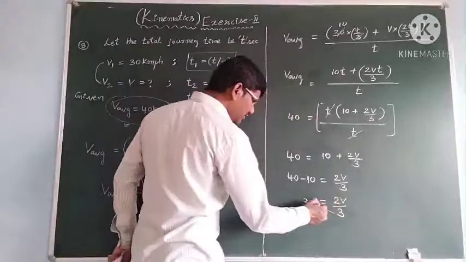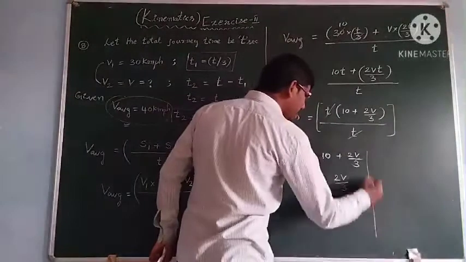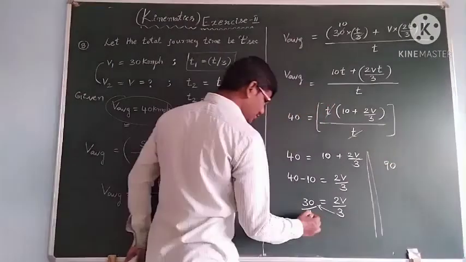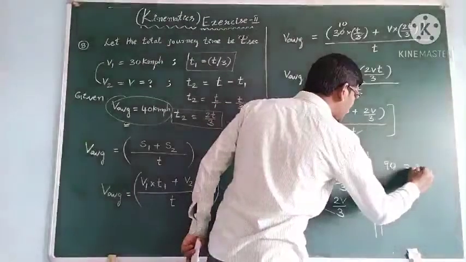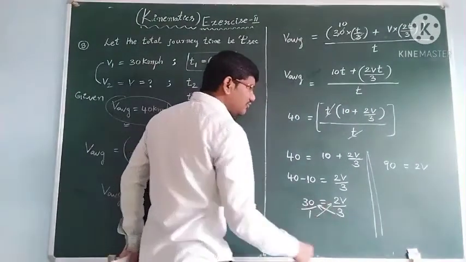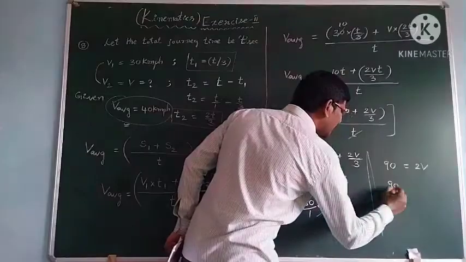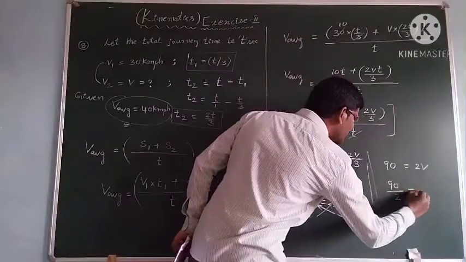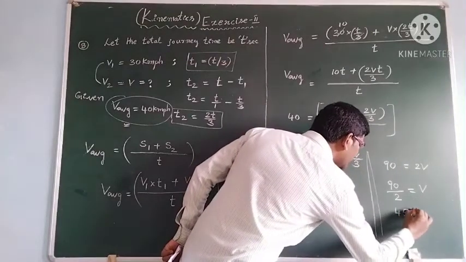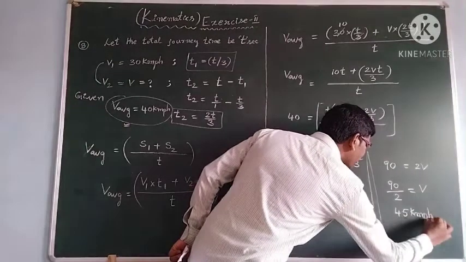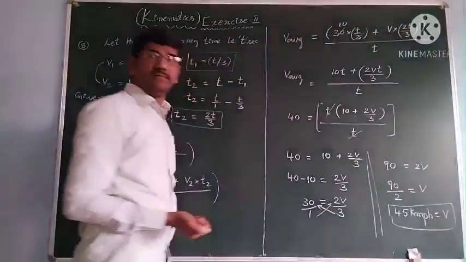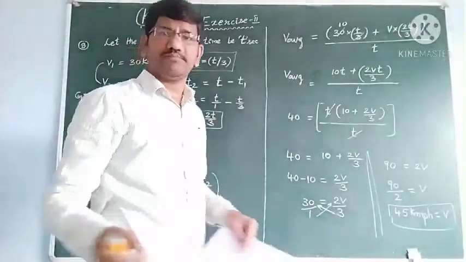Just do cross multiplication: 30 into 3 is 90, and 2 into 1 is 2V. So 90 by 2 is equal to V. Then it is 45 kmph. 45 kmph is the velocity of the object you are getting, students.